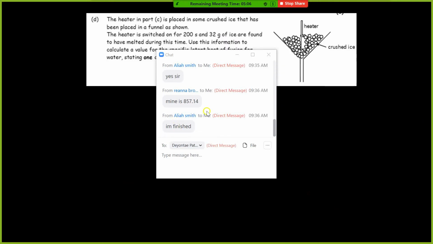Now, this question comes over to this point because sometimes the questions are related. You pull one thing and it comes over here. It says that the heater in part C is placed in some crushed ice that has been placed in a funnel as shown.